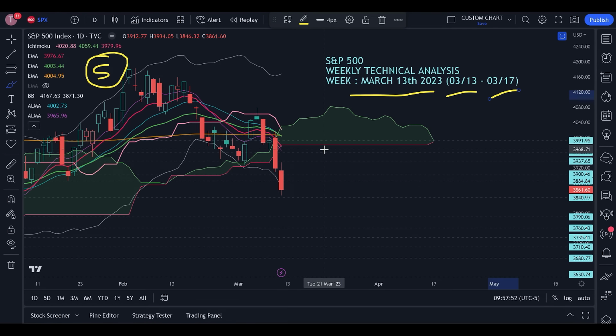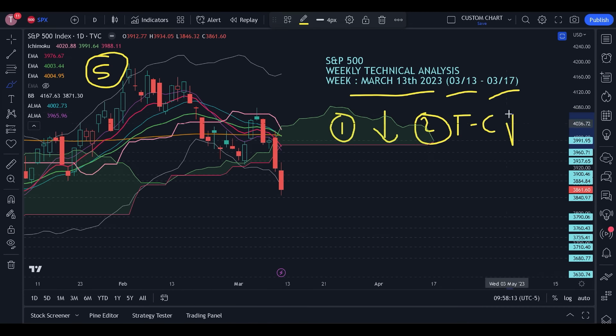A few things that you must know and consider. Number one, the S&P 500 and the Dow Jones are absolute bearish. Number two, on Tuesday, CPI data will be published. CPI means inflation.